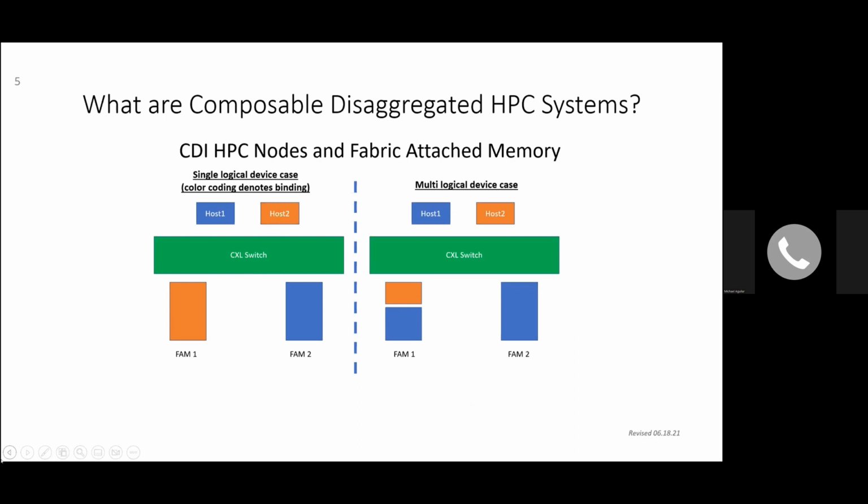And then on the right side, we can actually aggregate our memories together. For instance, we have host 1 attached to a portion of fabric attached memory number 1 and fabric attached memory number 2, and then host number 2 is connected to a portion of fabric attached memory number 1. Okay, next slide.